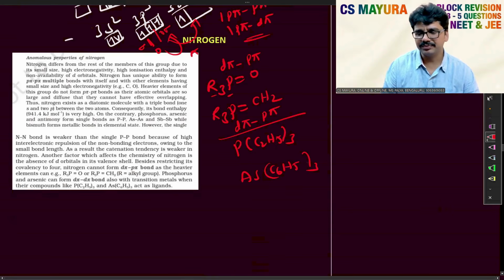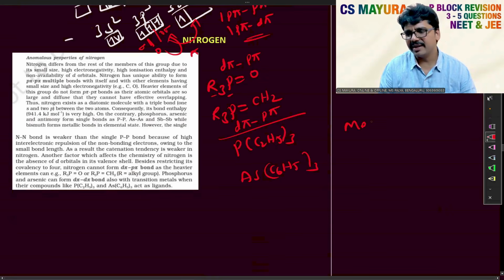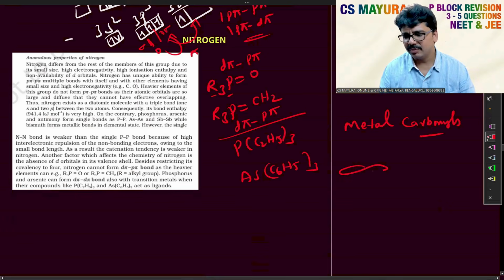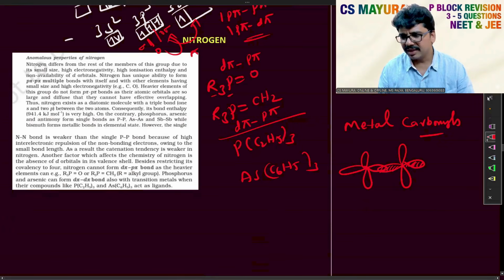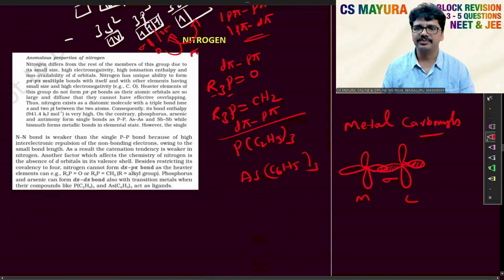Next, another example. To understand this, I will give an example, that is, take metal carbonyls. Metal carbonyls. So this is a metal atom and this is a ligand. The ligand has a filled orbital. It gives this electron pair to the vacant orbital of the metal. One sigma bond is formed.